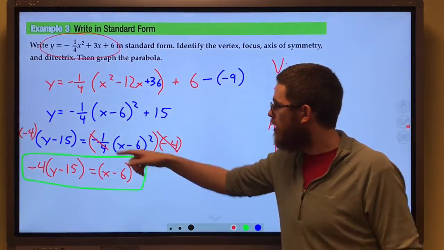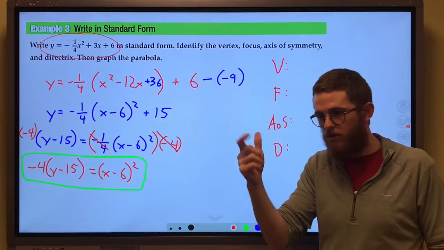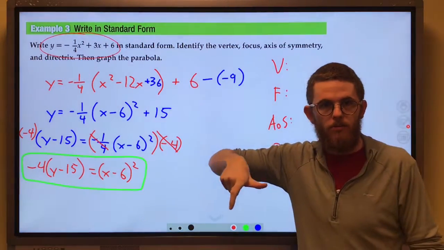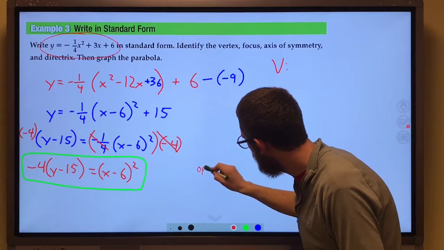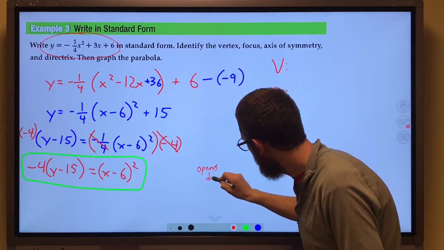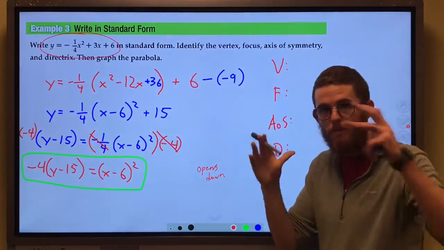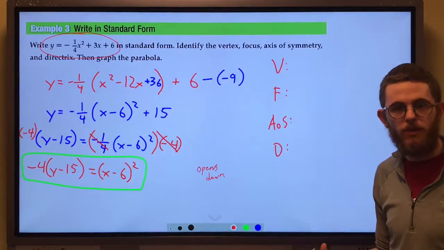It is negative, so that means it is opening either up or down. This is definitely opening down. Okay, it's all good information for us. So this is opening down.